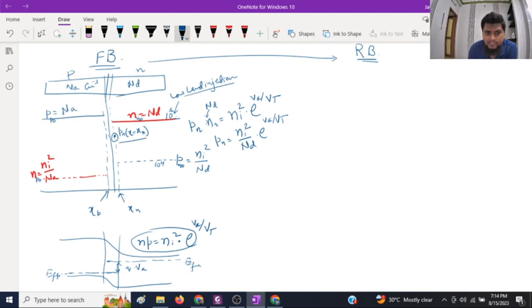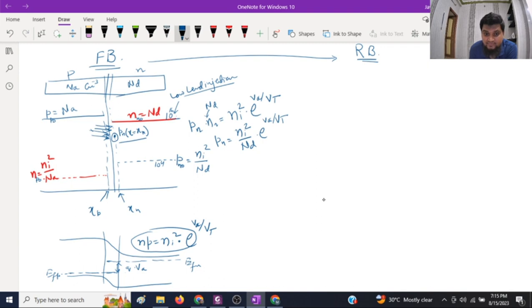Why is this actually quite high? Because more number of holes from the P side are diffusing into the N side in case of forward bias, and that's why the hole concentration will be quite high. Now as we move further into the quasi-neutral region of the N type material, recombination will happen, right?